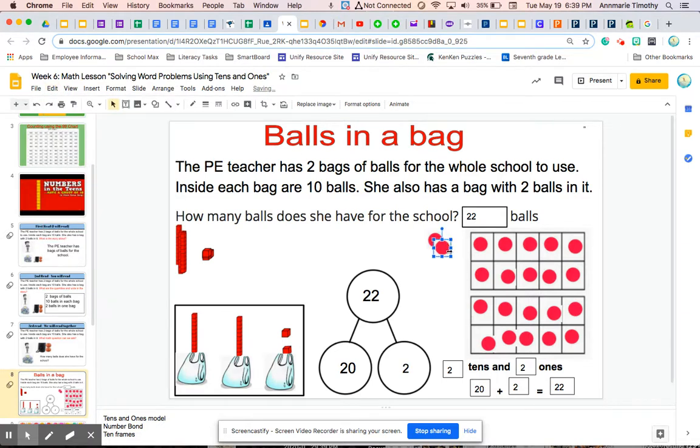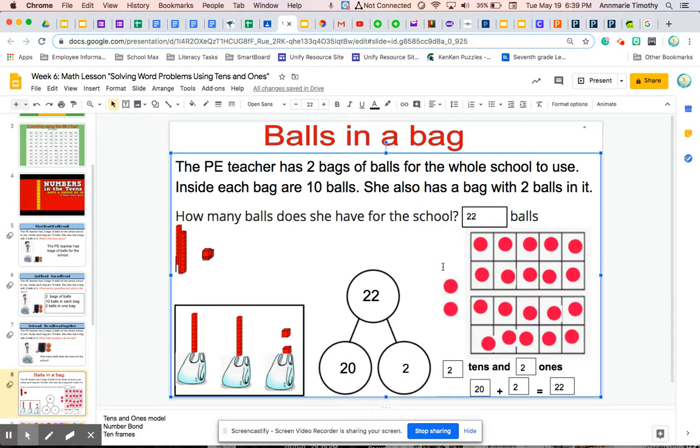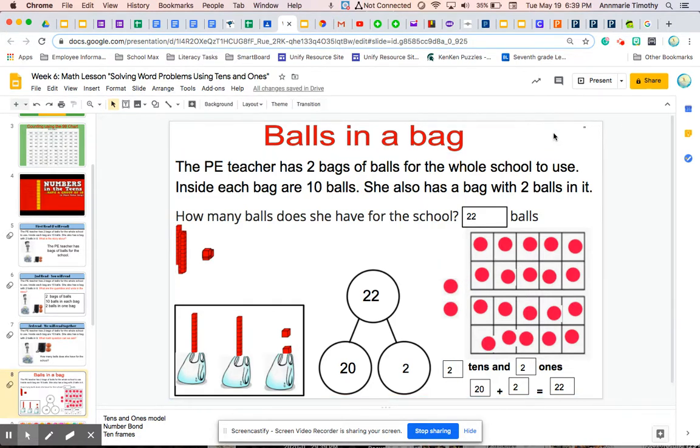Now she has a third bag. And that third bag only has 2 balls. So I'm just going to put those out here. 1, 2 balls. Now how many balls does she have altogether? Let's count. She has 1, 2, 3, 4, 5, 6, 7, 8, 9, 10, 11, 12, 13, 14, 15, 16, 17, 18, 19, 20, 21, 22.